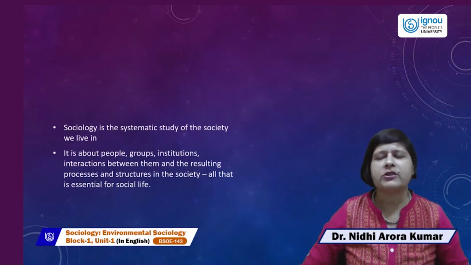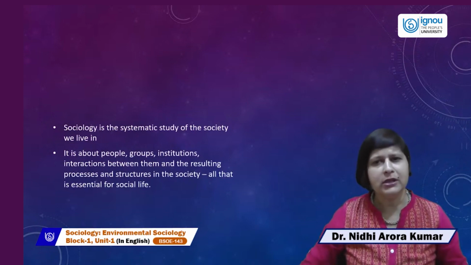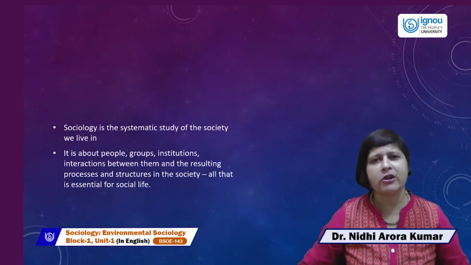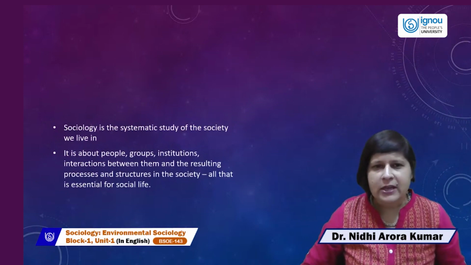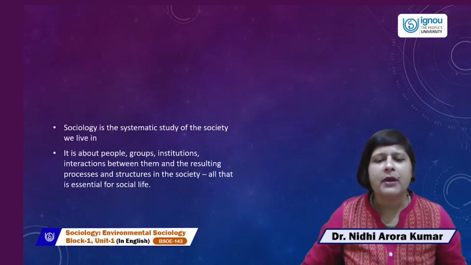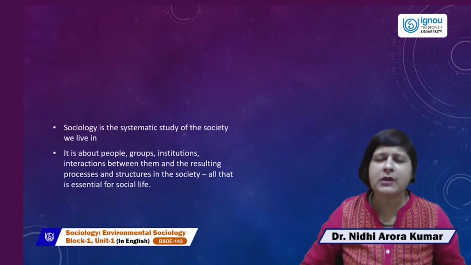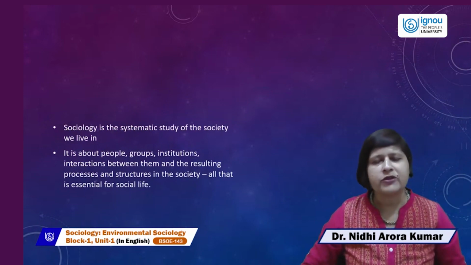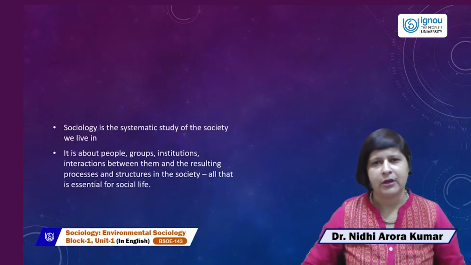Sociology is the systematic study of the society we live in. Environment is the study of the environment, and sociology is the systematic study of society. What is society? It's about the people, the groups, institutions, and the interaction between them, how people, institutions and groups interact with each other, and the resulting processes and structures in the society, all that is essential for social life.